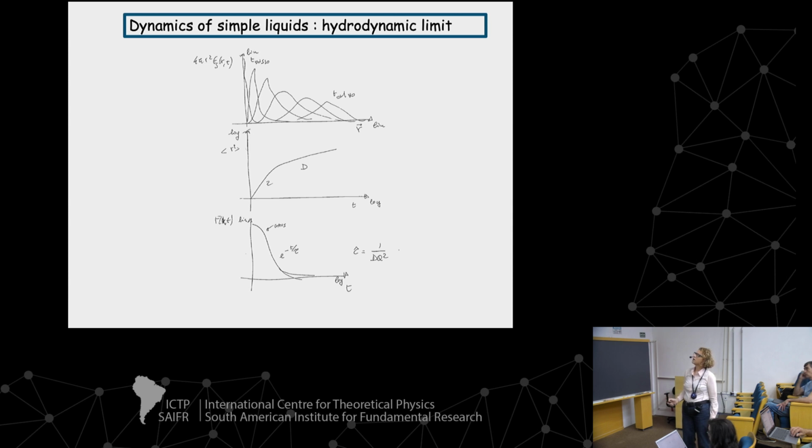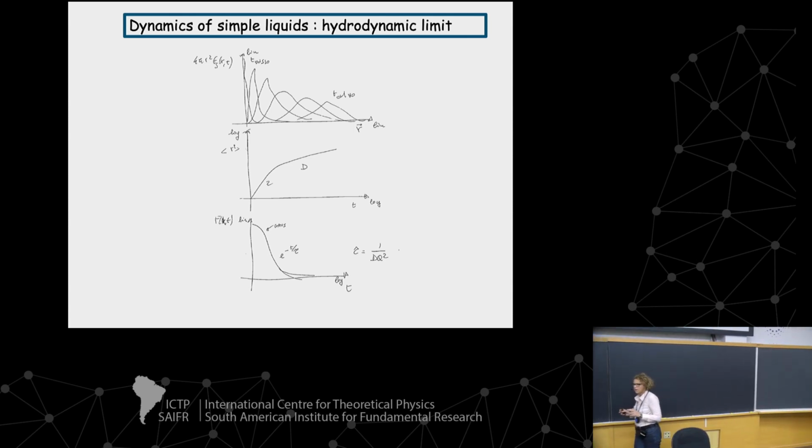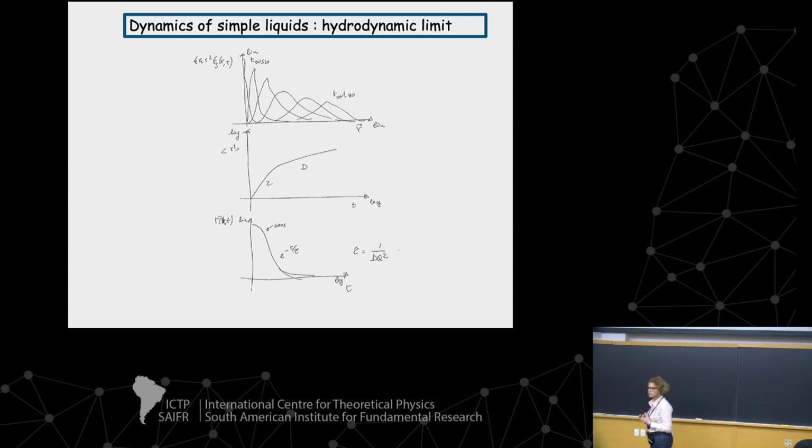This is the log-log plot of r squared, and we pass from slope 2 to slope 1, proportional to D. And then this is the F(k,t), which, as you might remember, was Gaussian at the beginning, and then a simple exponential e to the minus t over tau, where tau is equal to 1 over Dq². So we learned how a simple liquid behaves with this density correlator we are interested in, okay?